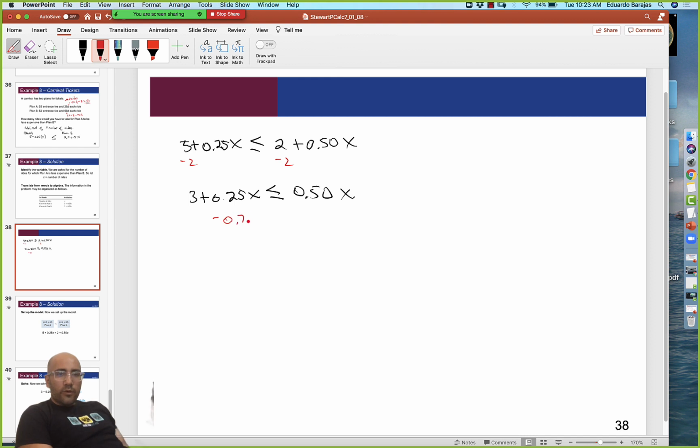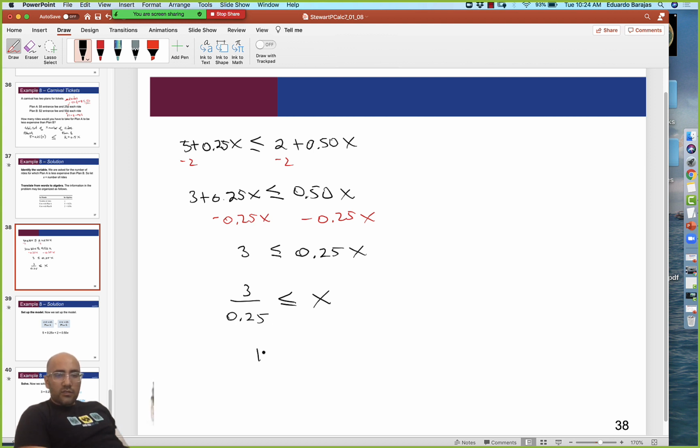Minus 0.25X, minus 0.25X, which gives me 3 is less than or equal to 0.25X. And then dividing both sides, we get 3 divided by 0.25 less than or equal to X. Dividing both sides of the inequality by a positive number again does not change the direction of the inequality.